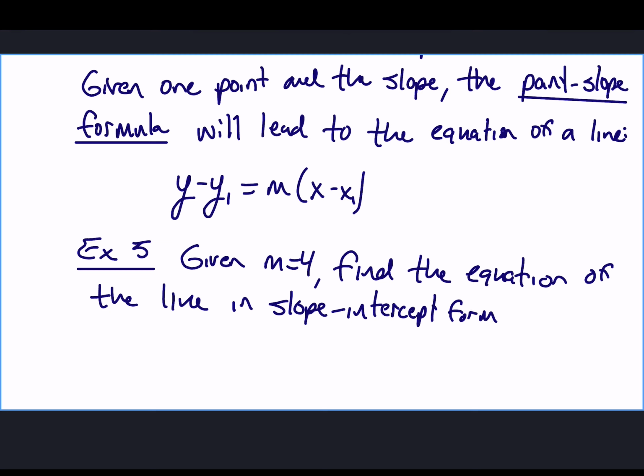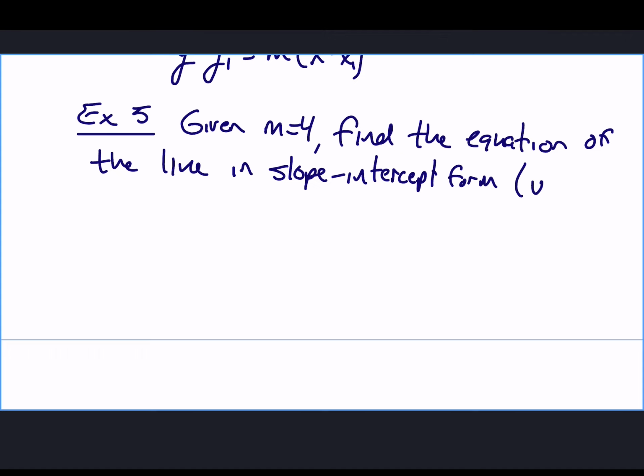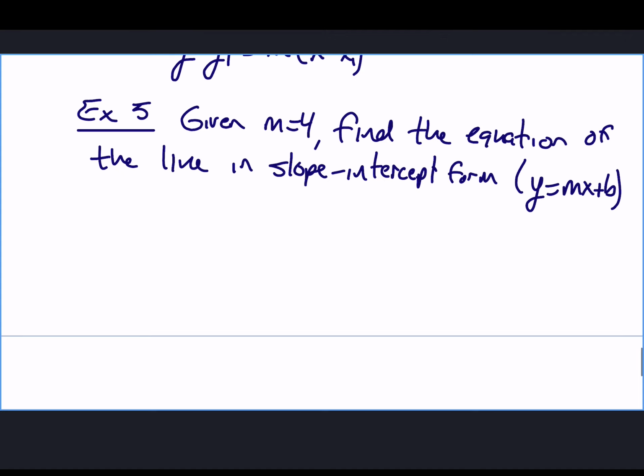What's slope-intercept form again? Y equals mx plus b. Passing through the point 2, 5.